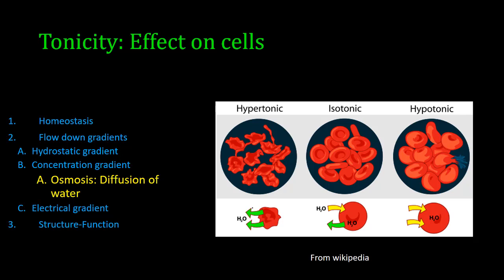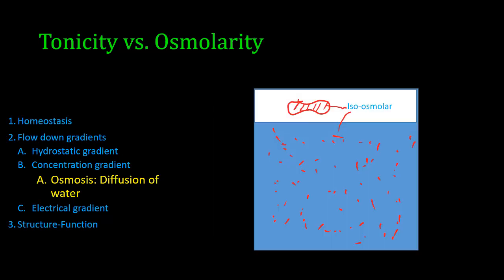On the face of it, it might seem that tonicity and osmolarity are the same thing, but that's not necessarily true. Let's imagine we're going to dump the red blood cell into a solution that's isoosmolar. It has only these red molecules, and the concentration of those red molecules in the solution is equal to the concentration of solutes in the red blood cell. But these red molecules can freely cross the cell membrane, and nothing happens to those molecules when they enter the cell.